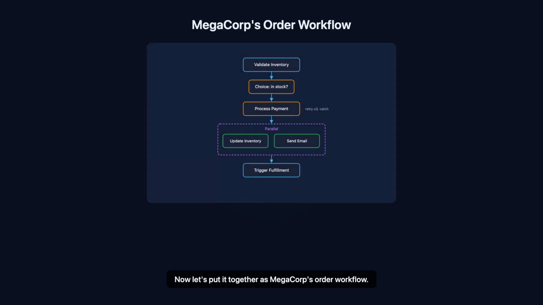Now let's put it together as MegaCorp's order workflow. It starts by validating inventory. Then a choice state asks, is the item in stock? If it is, we move to process payment, the step with 3 retries and a catch that cancels the order if payment ultimately fails.